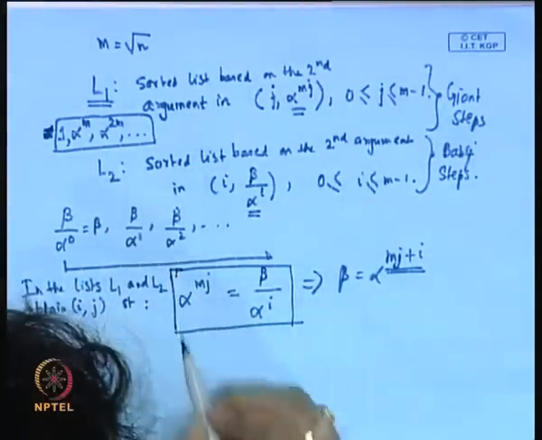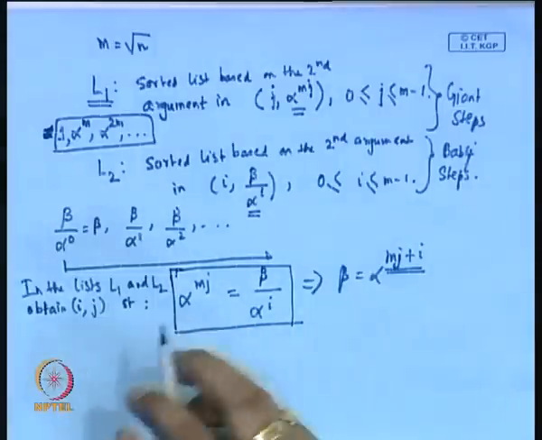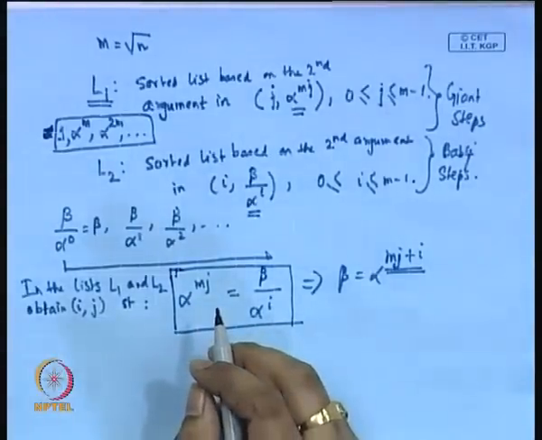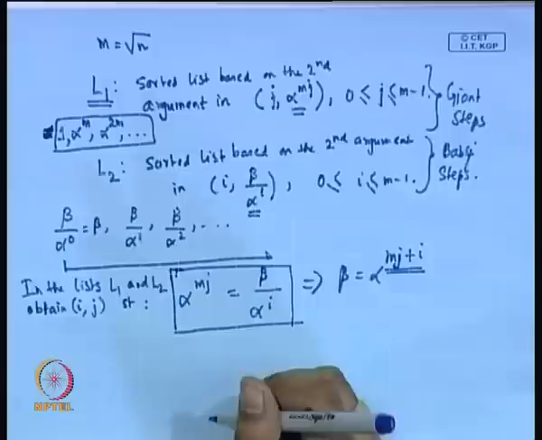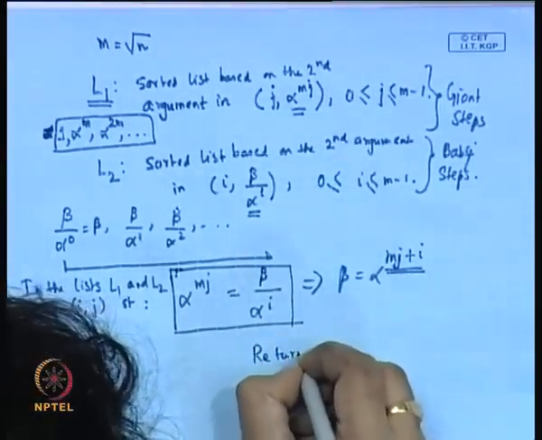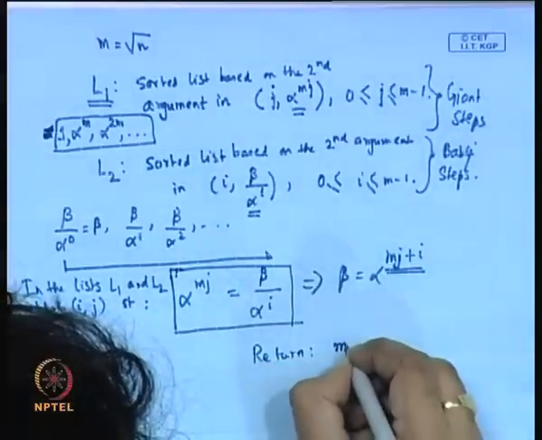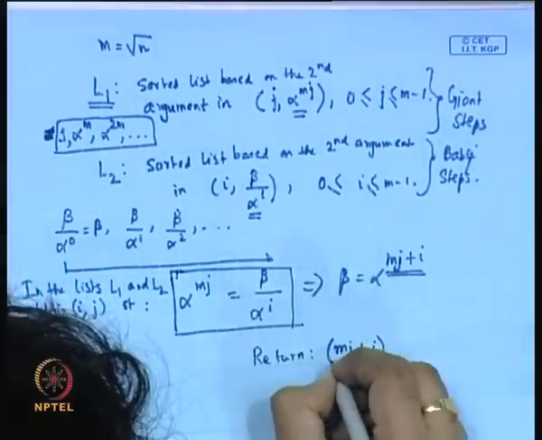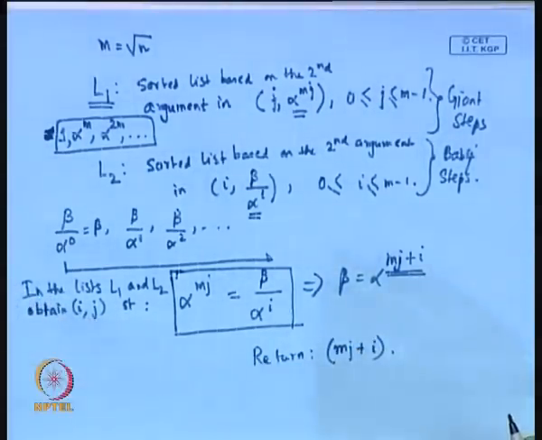Note that you can do this in linear time because both the lists are sorted. If you find such a common element, then, because you have the values of i and j, what you return is mj plus i, and that is the value of the discrete log.